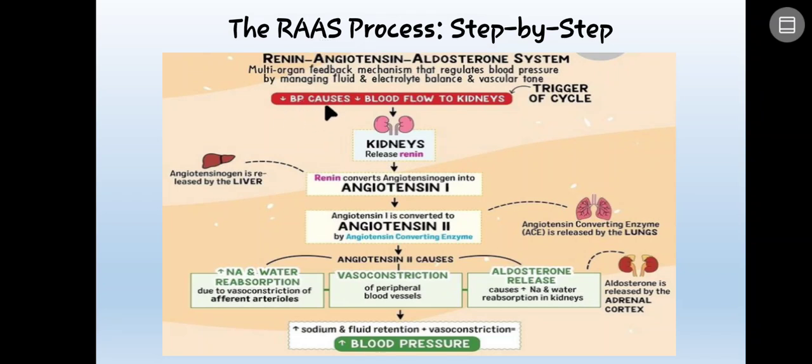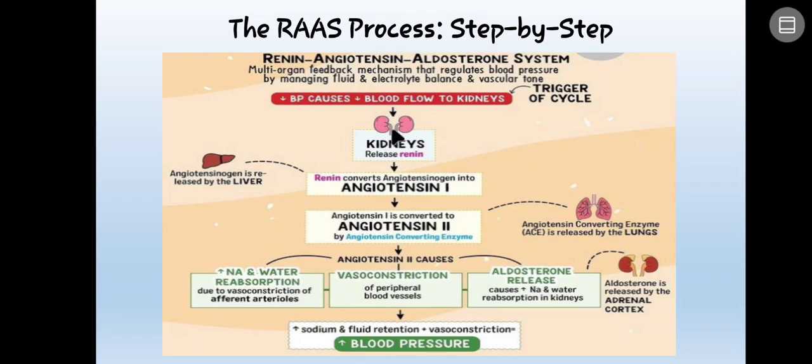Once someone has a reduction in blood pressure as a result of, let's say, shock or hypotension, maybe a hemorrhage with a lot of blood lost and reduced blood volume, the amount of blood sent to the kidneys will reduce, and that is what will trigger the process.